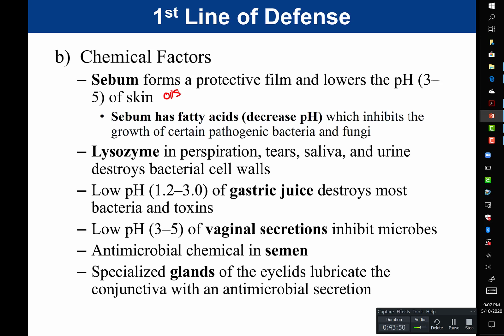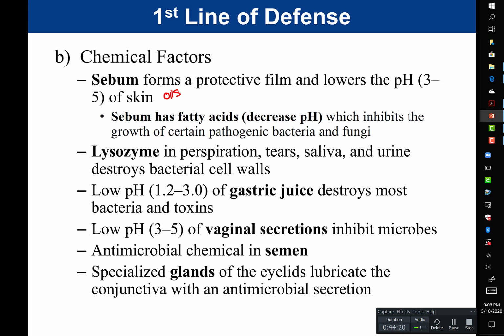So if you have a lowered pH, that is going to inhibit many microbes from growing. And so the function of the sebum is that it prevents hair from drying and becoming brittle, and it also forms a protective film over the surface of the skin. And again, when it forms the low pH, that is going to inhibit pathogens from growing.